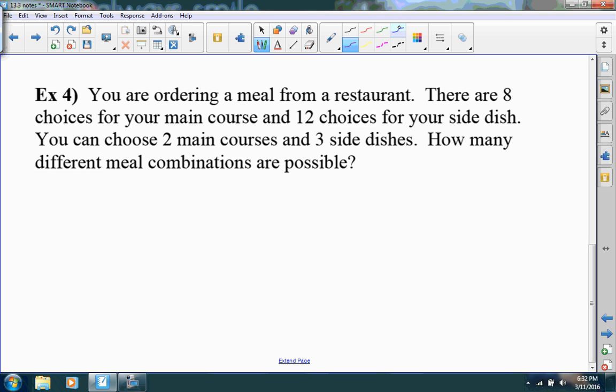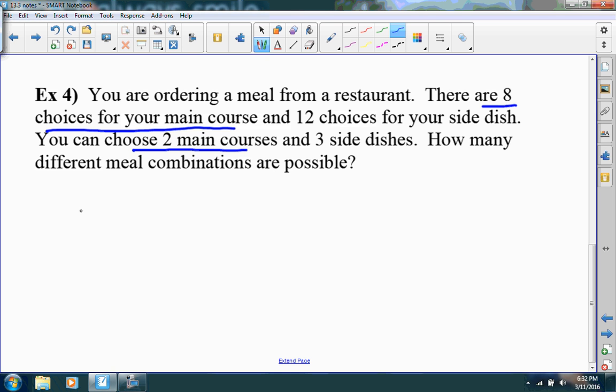So this one's a double combination. So you're going to find all your combinations for the main course and then all your combinations for the side dishes. So it says here that there are 8 choices for your main course, and then you can choose 2 of them.